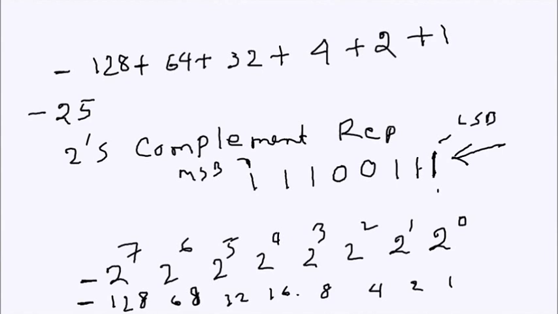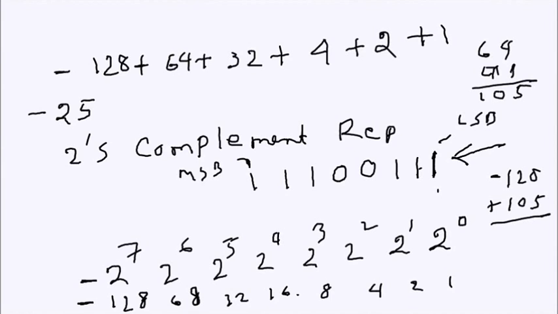So let's do that. 32 plus 9 is 41, 64 plus 41 is 105, and this is minus 128. So minus 128 plus 105 gives minus 25.